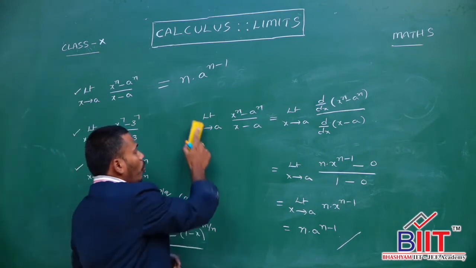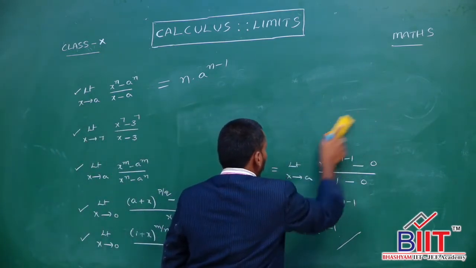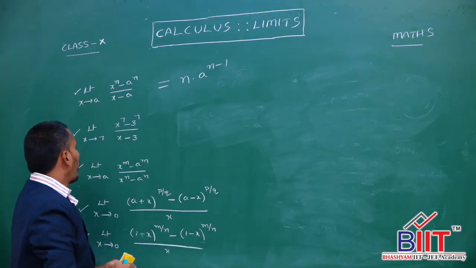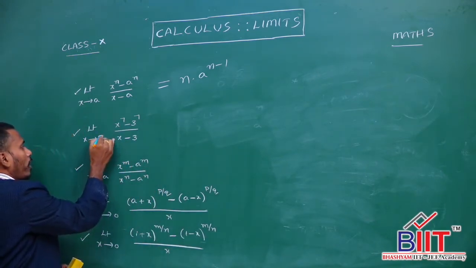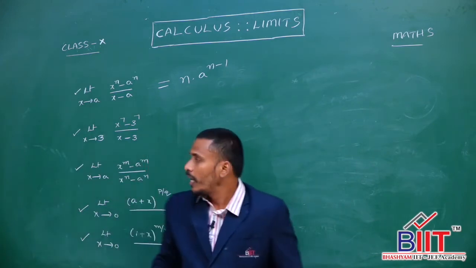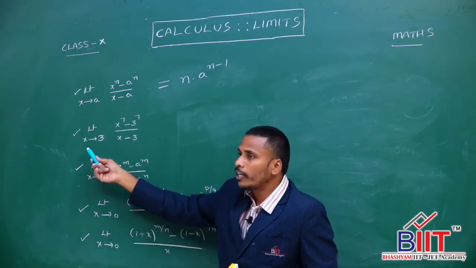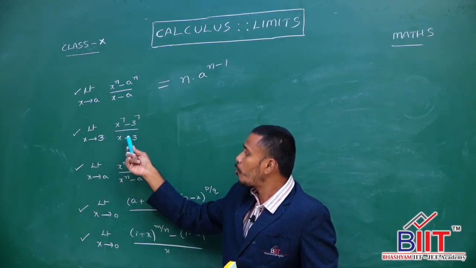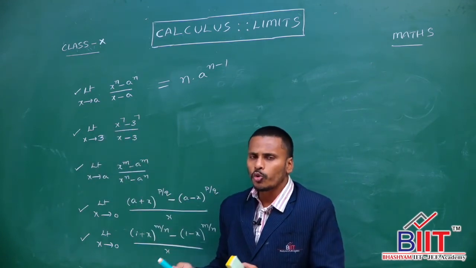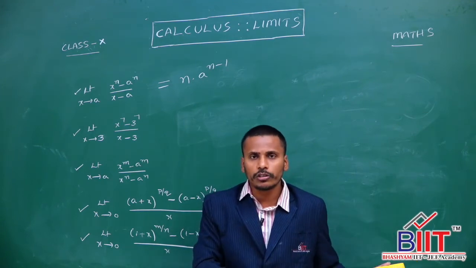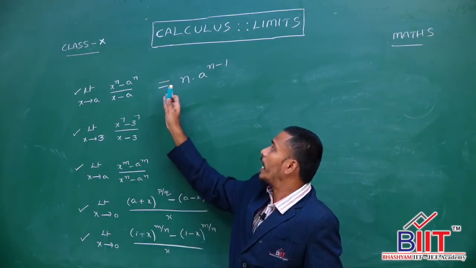Let us look at the second one. I mentioned one example here. Limit x tends to 3, (x power 7 minus 3 power 7) by (x minus 3). Directly, if you replace x with 3, it is 0 by 0 indeterminate form. To avoid it, use the L'Hospital rule, or you may use factorization, or you may use this standard limit.